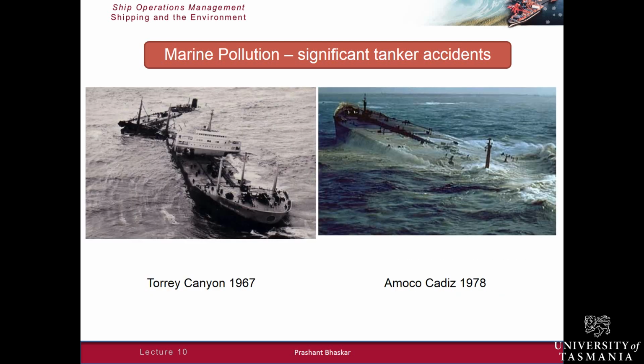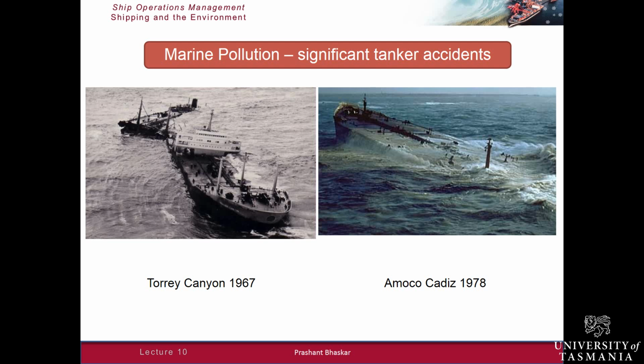The second incident was the Amoco Cadiz in 1978, and you can see a picture of that on the right hand side of the slide. That was a tanker which spilled about 230,000 tons of oil, and its steering failed in rough weather, and it finally broke up and sank when salvage efforts failed.